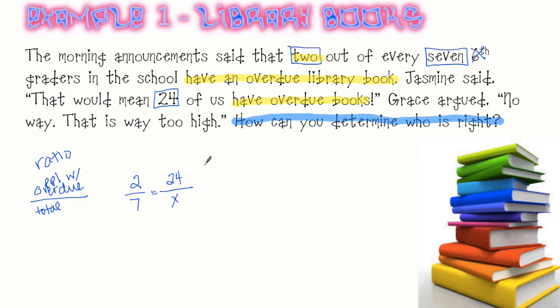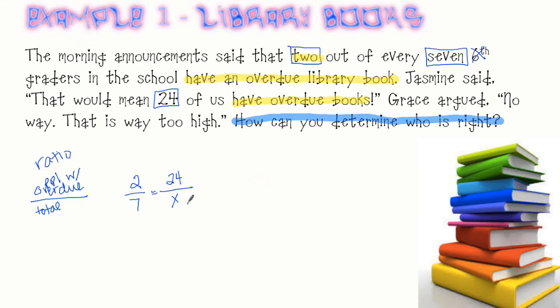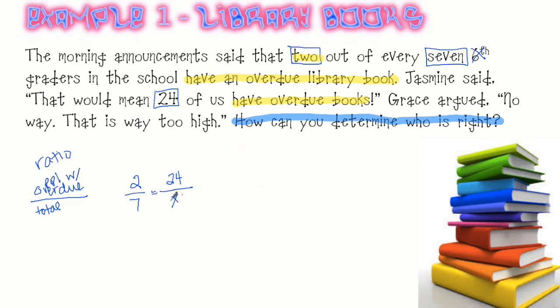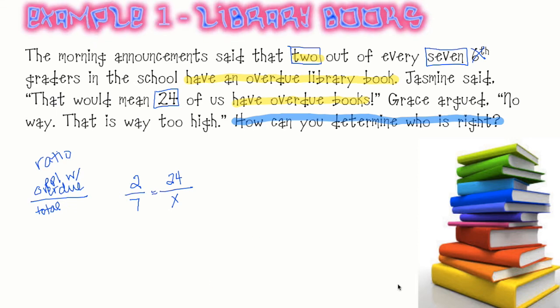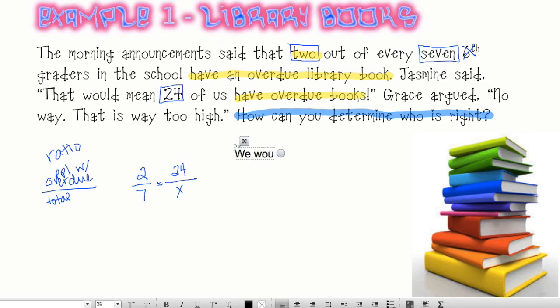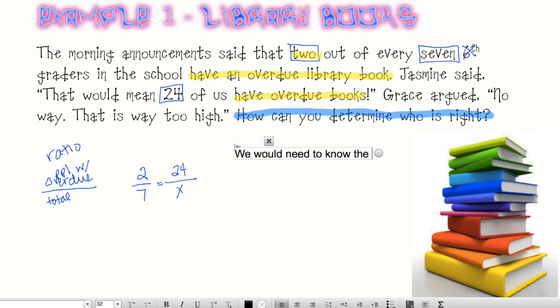So if Jasmine is saying that 24 students have overdue library books, we would have to know what that total is. So we would have to know the total number of students to know if she's correct or not. So we would need to know, and not the total number of students, the total number of 6th grade.